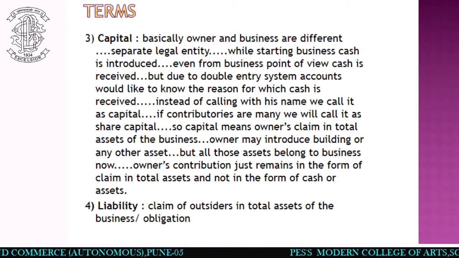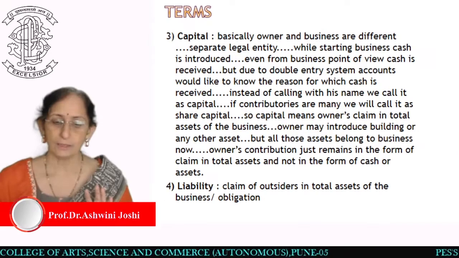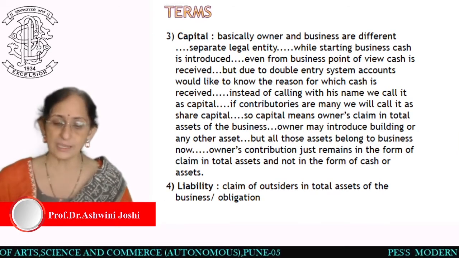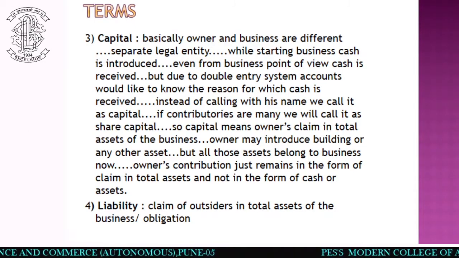So suppose total assets of the business are 10 lakhs. Out of that, 3 lakhs are in the form of loan, then 7 lakhs in the form of owner. So that is his capital. It can be in the form of cash, machinery, furniture or anything.